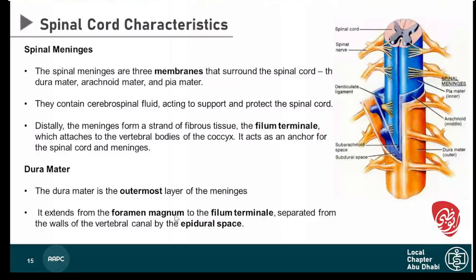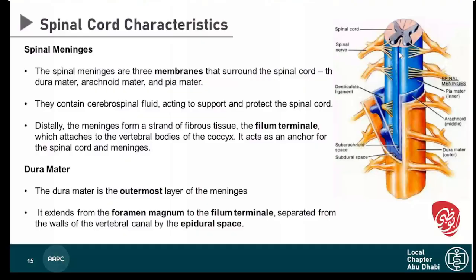So, where is this epidural space? The epidural space is in between the vertebral canal and the dura mater. So, actually, this is the spinal cord, and this is the meninges.